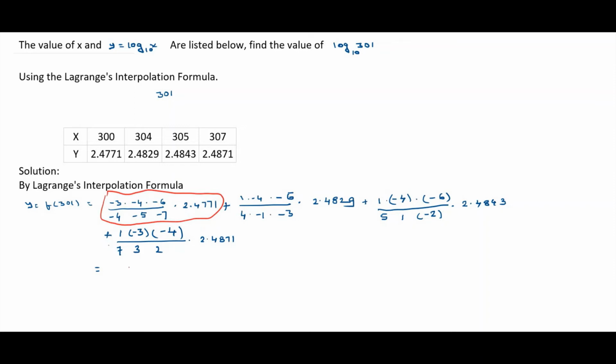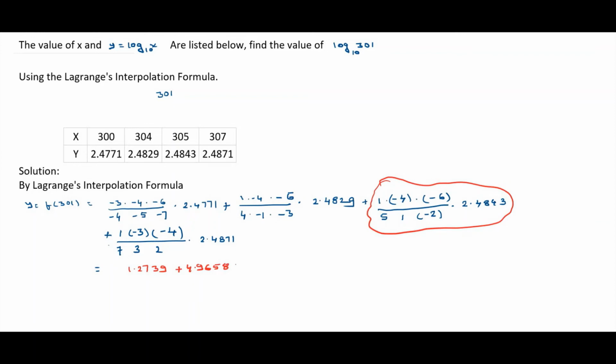So this is equal to, if you solve the first term, we get 1.2739. Now if you solve the second term, we get 4.9658. If you solve the third term, then we get minus 4.4717.